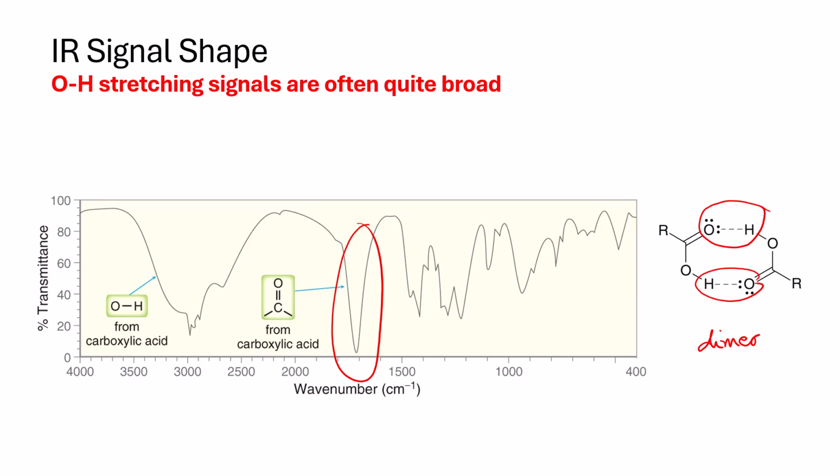In this case, because we have double hydrogen bonding, this band is so broad that it's actually covering other bands. Likely we have a lot of signals due to hydrogens attached to carbon sp3, but since the OH is very wide, it will be on top of many other signals. But that's essentially the signature of a carboxylic acid: the presence of the carbonyl band at about 1700 and the OH band.